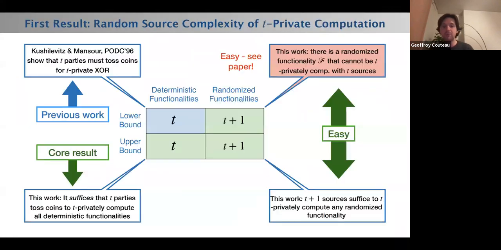Meaning those upper bounds with T plus 1 also hold if you don't know in advance who can toss random coins. You will have the ability to compute any functionality with T plus 1 random sources just by using this warmer protocol where all parties share random tapes with everyone, and then everyone defines his own random tape to be the XOR of all random tapes received from all parties.